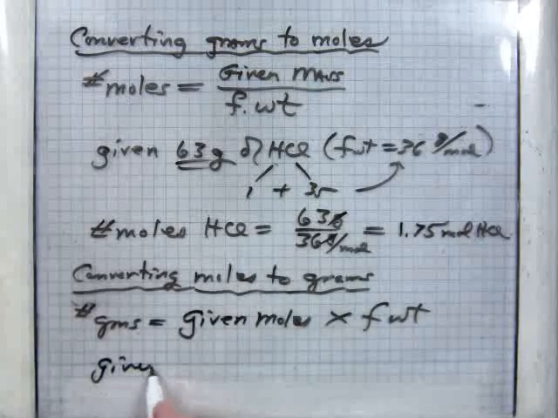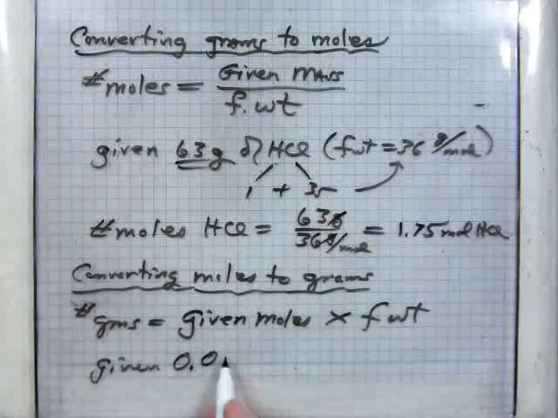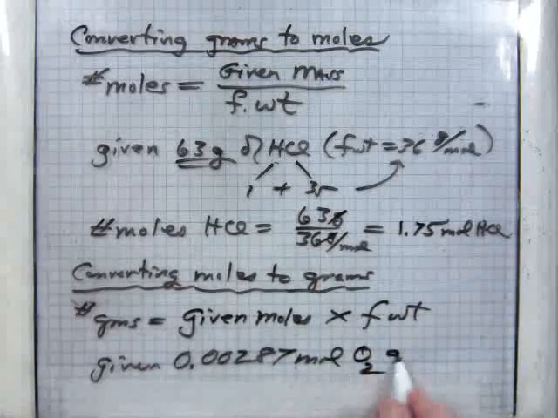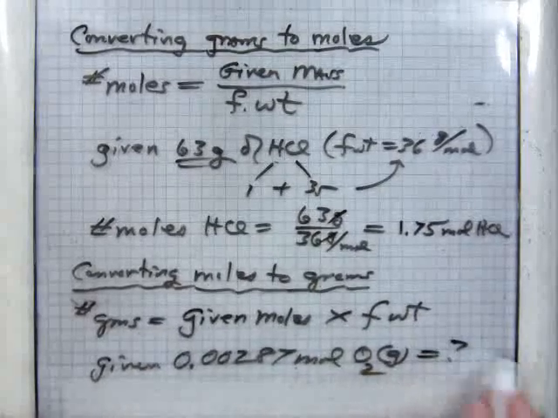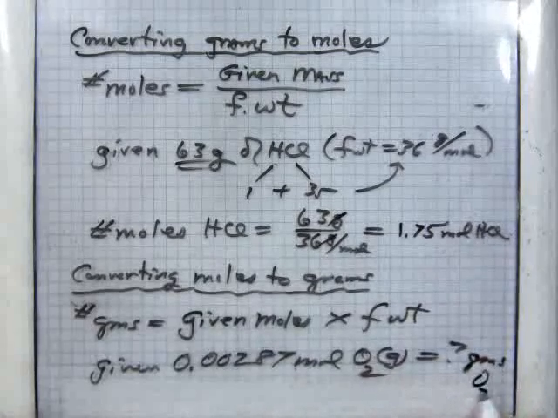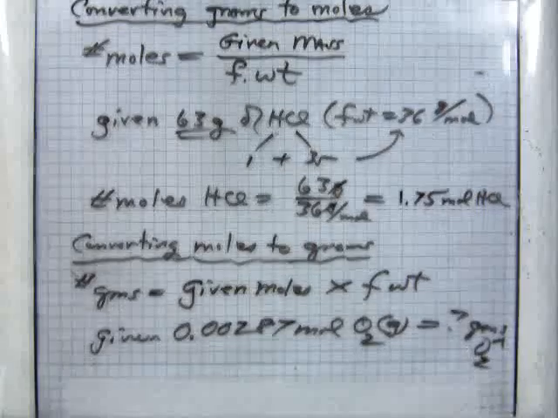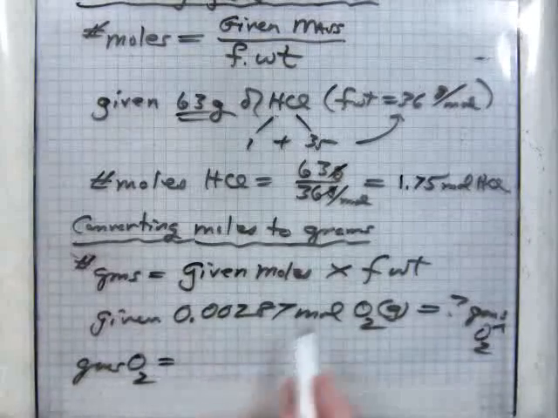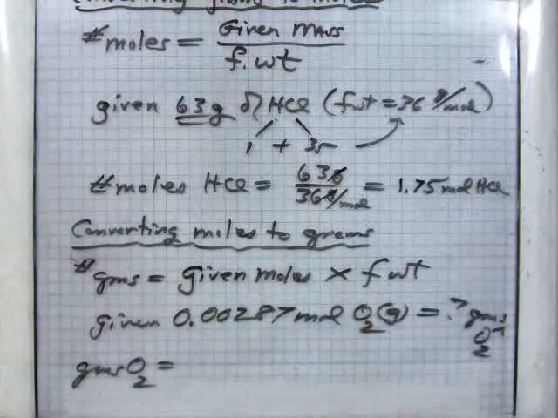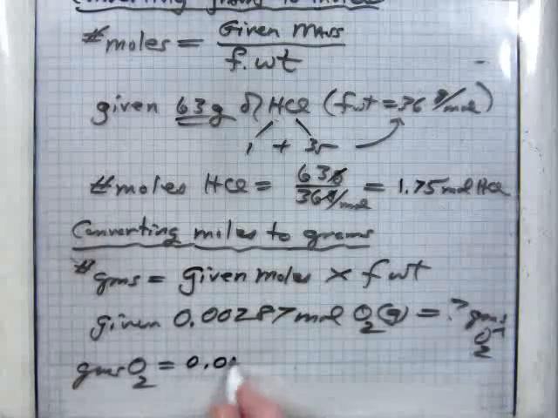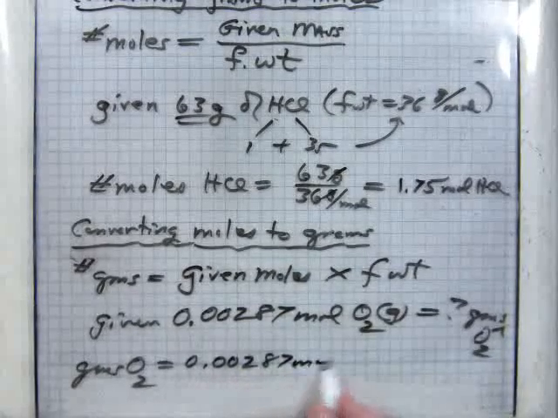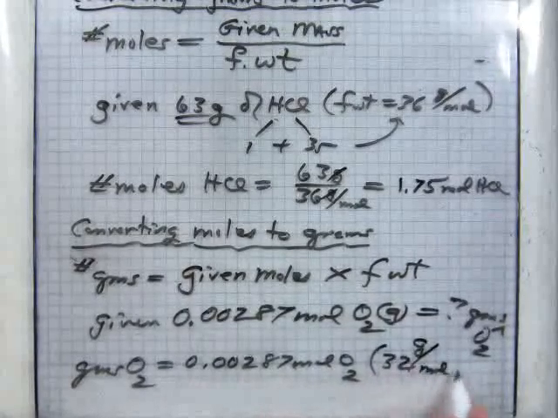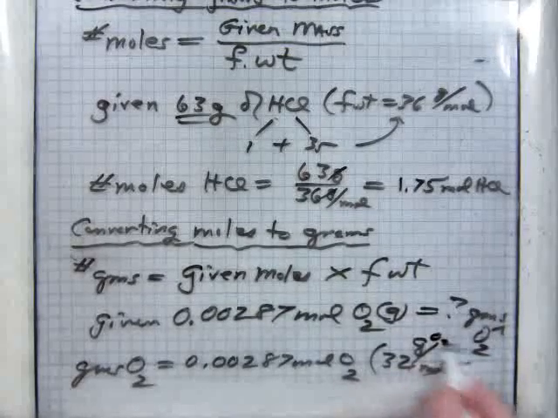Given 0.00287 mole of O2 gas equals how many grams of O2 in that context? So grams of O2 would simply be whatever you're given times 32 grams per mole. 0.00287 mole O2 times 32 grams per mole O2, and grams O2 if you have to put it in there.